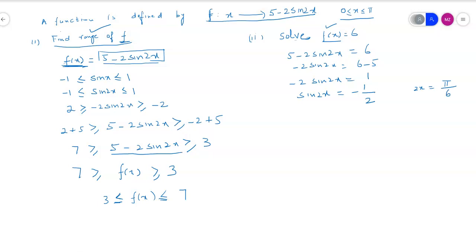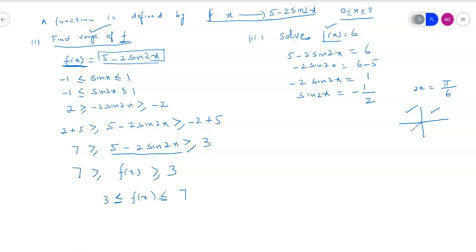Now the sine function is positive in the first quadrant, positive in the second quadrant, and negative in the third and the fourth quadrant. In order to find the angles for which sine of 2x is equal to minus 1 over 2, we need to draw the basic angle in the quadrants where sine is negative.